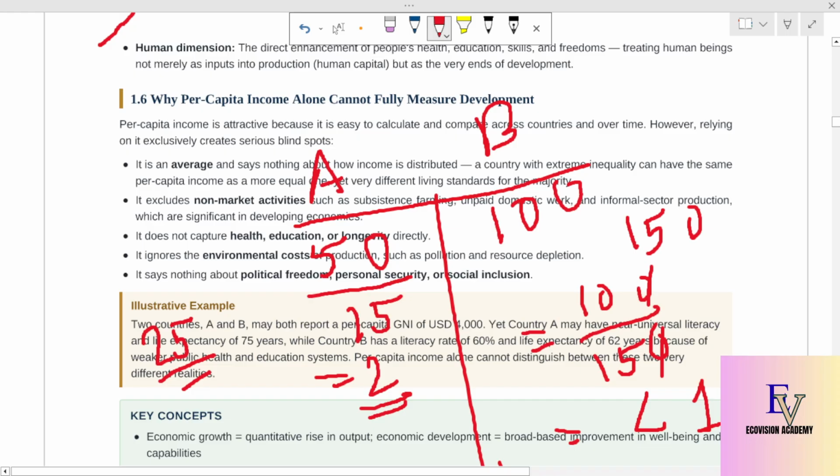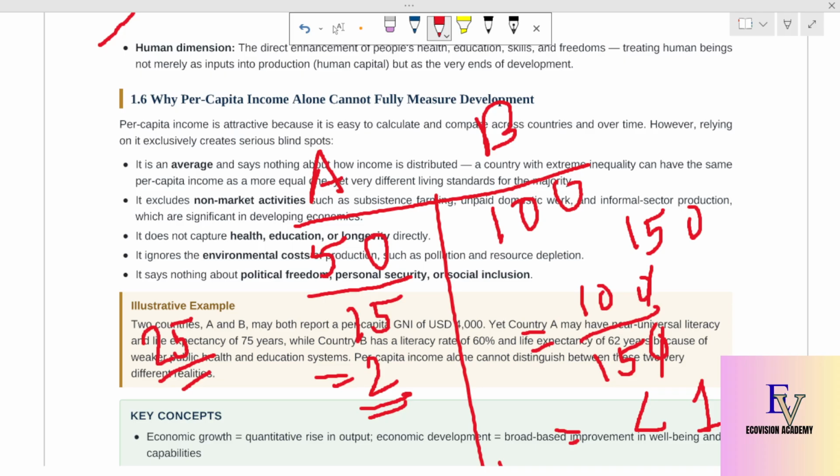Now we can consider per capita income as an indicator for economic development, because suppose a country has a very huge GDP, but its population is so large that if we divide the total GDP by the population, the per capita income is very low. What do you mean by per capita income? Suppose 4 of us are sitting in this class, and we live in a country where the GDP is rupees 100.